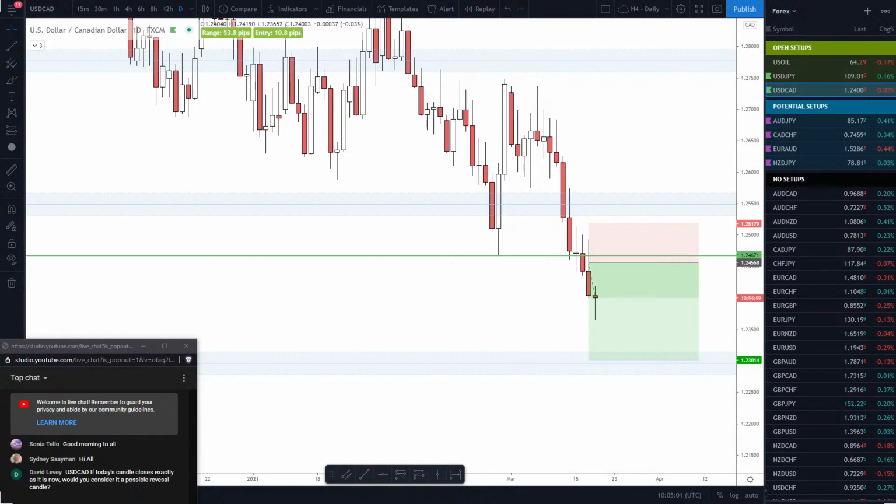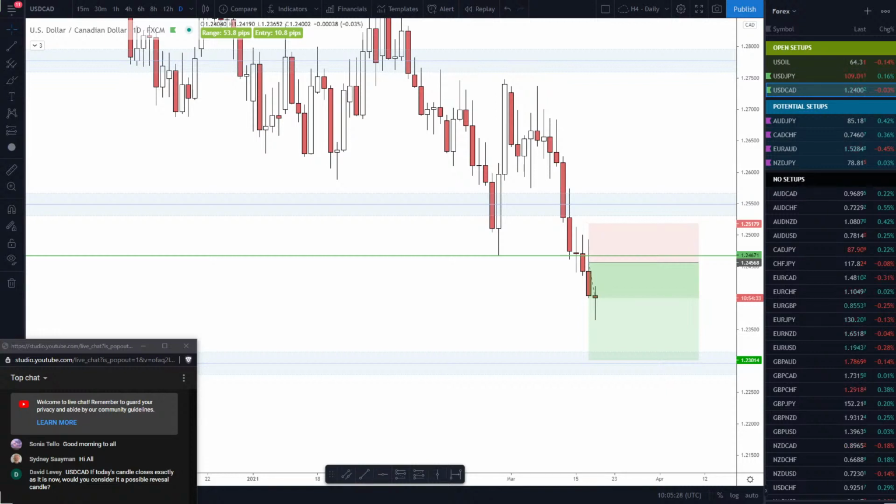David, kind of, yeah, but I mean, an indecision candle was just, oh, sorry, possible reversal candle. For some reason, I was thinking you were asking if it's an indecision candle. No, I don't really look at candles in terms of reversal or whatever.